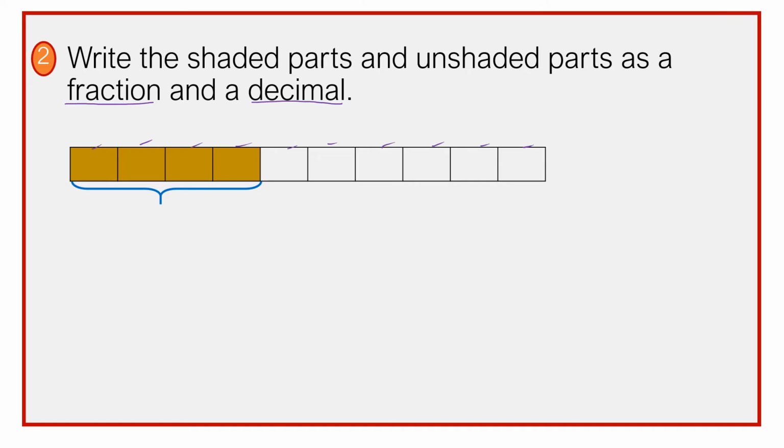That's why we say that the shaded part is 4 out of 10. But 4 out of 10 is 0.4 as a decimal. The unshaded part is 6 out of 10, and 6 out of 10 is 0.6 as a decimal.